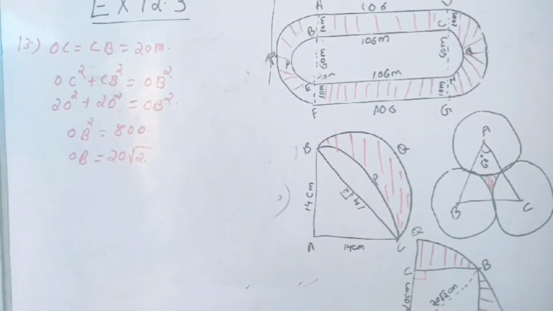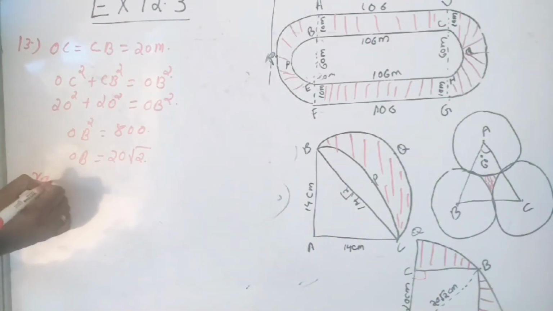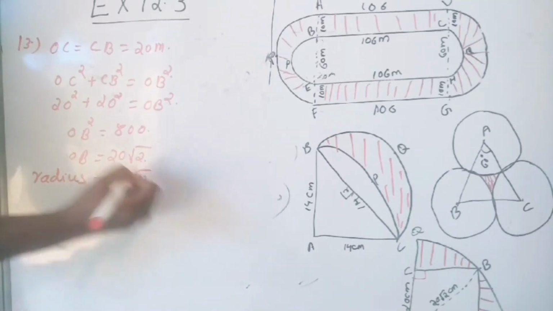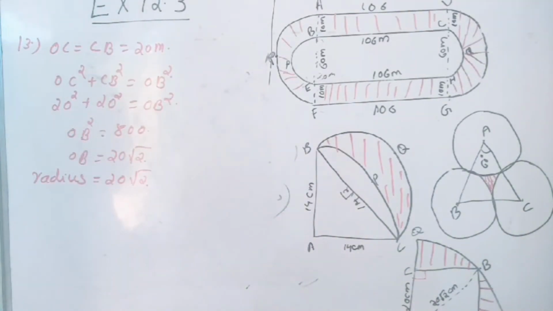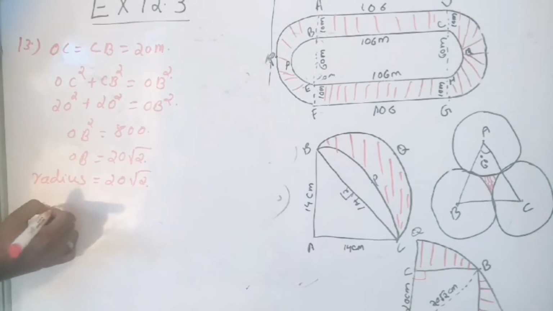That OB is actually the radius of the circle. So radius is equal to 20 root 2. Now we need to find out the area of shaded region.